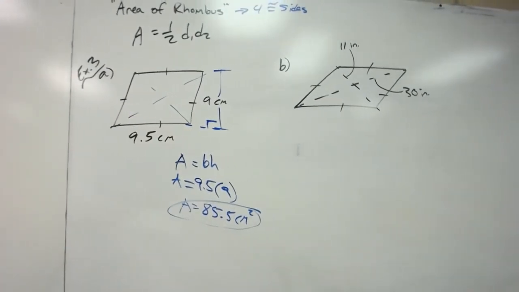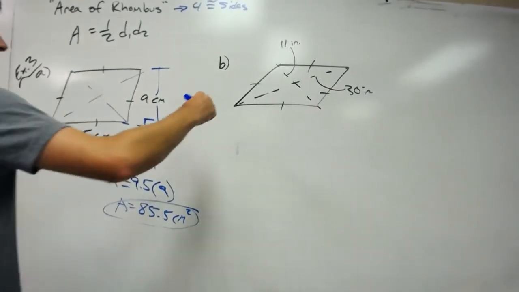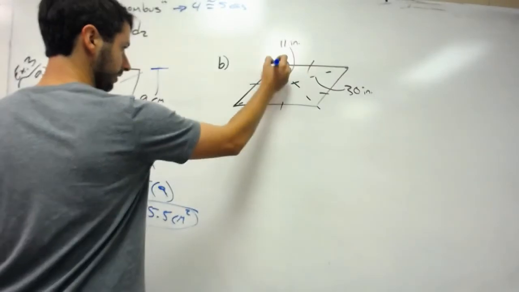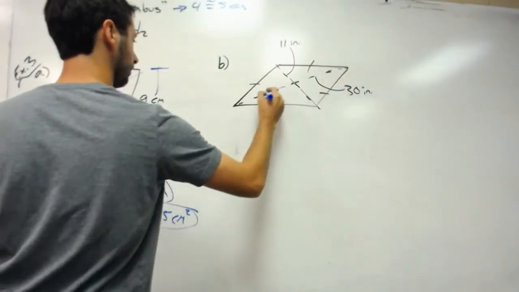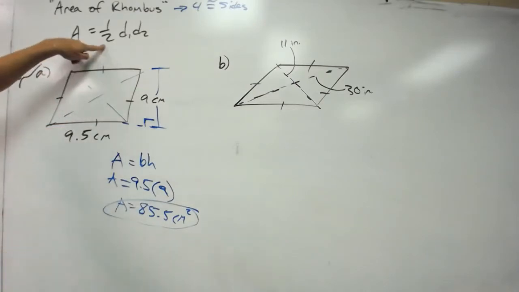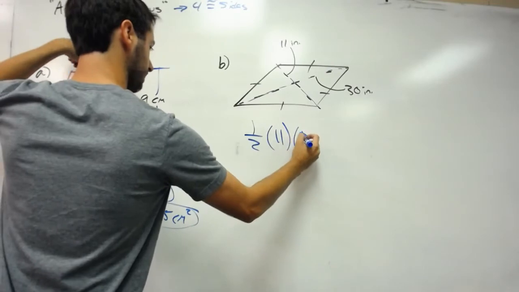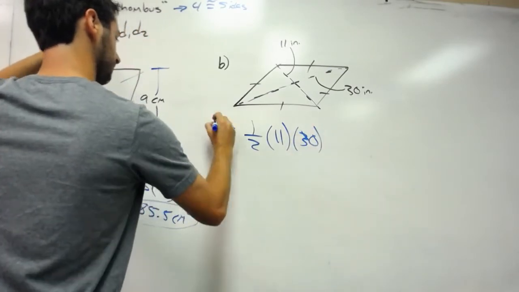And then the next example actually does give us diagonals. It gives us 11 as the whole diagonal, and 30 as the whole other diagonal. So we use our formula: 1/2 times 11 times 30 for the area.